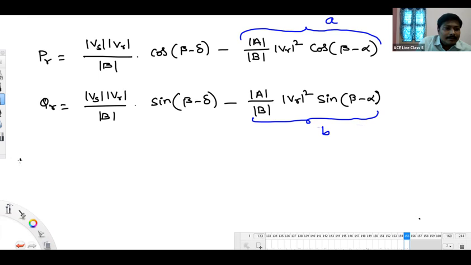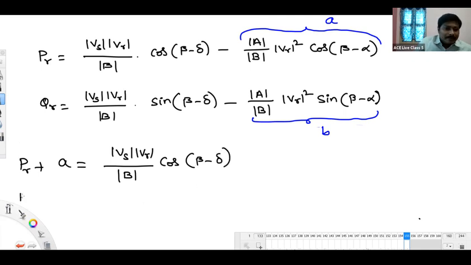Then you will get PR plus A is equal to Vs into VR by mod B cos of beta minus delta.